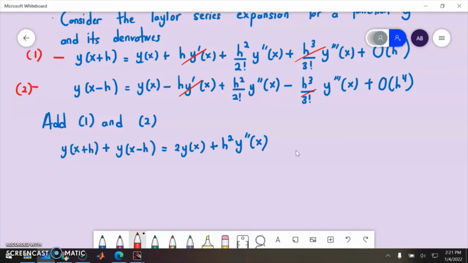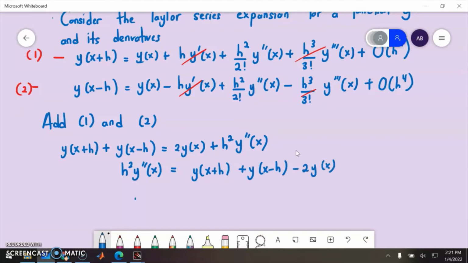So what do you get? h squared y''(x) equals y(x + h) + y(x - h), and bringing the 2y(x) to the other side, it will be minus 2y(x).